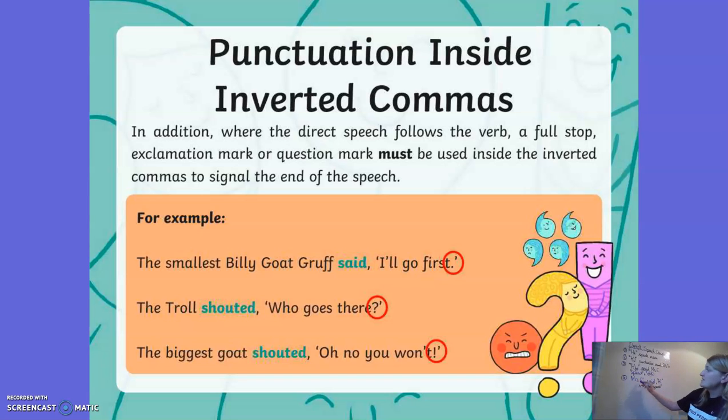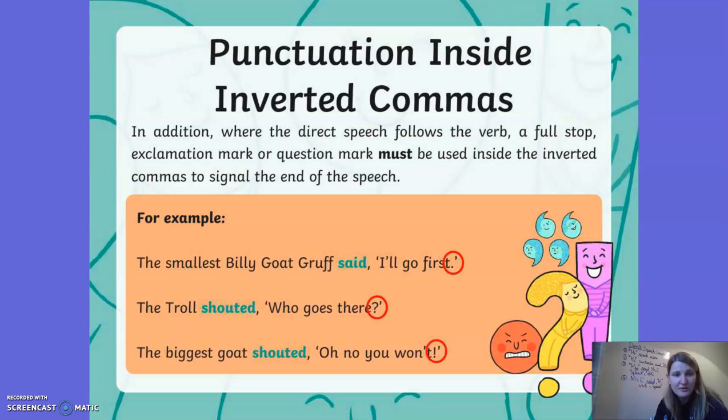If we look here, so Mrs. E said, comma, "Hi." If that's the end of my sentence, I can't just leave it hanging, can I? It needs to have a full stop. And again, where does the punctuation live? Inside the speech marks. So if it's at the end of my sentence, Mrs. E said, "Hi." Yeah, I've got my full stop here inside my speech marks.